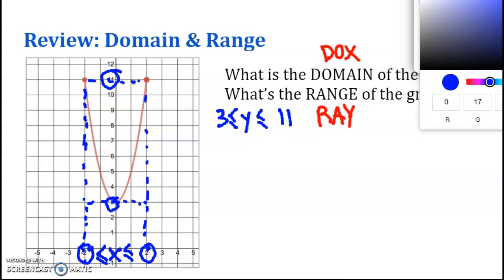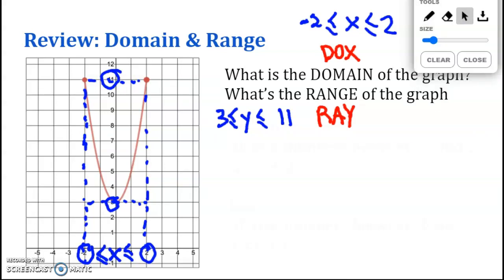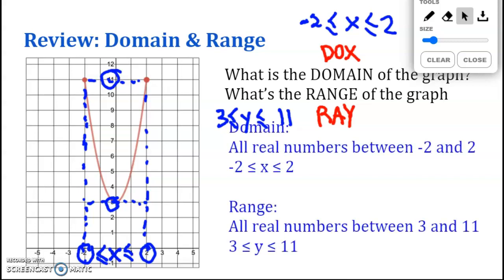And for domain, it's going to be x because we're talking about domain, so the x value is going to be between -2 and 2. Y values are going to be between 3 and 11. So domain is all real numbers between -2 and 2, and this is how you would represent it. And range is all real numbers between 3 and 11.